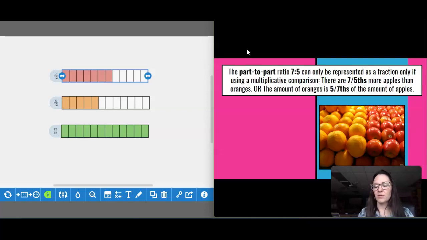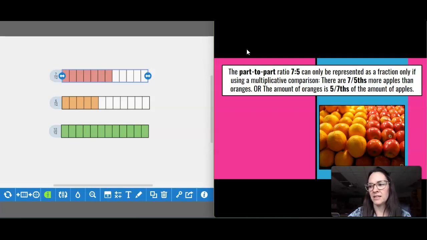So before we move on, let's say we had a box of 16 apples and a box of 9 apples. Our ratio would be 16 to 9. If we think of this as a multiplicative comparison, meaning the box of 9 apples can be compared to the box of 16 apples as 9/16, or can be thought of as how many times greater is the box of 16 apples than the box of 9 apples?